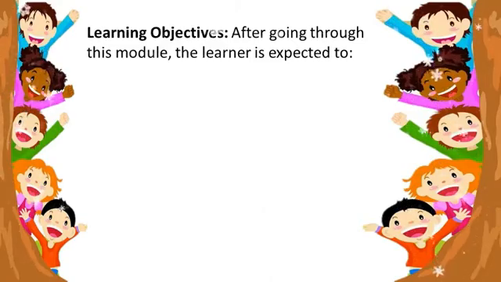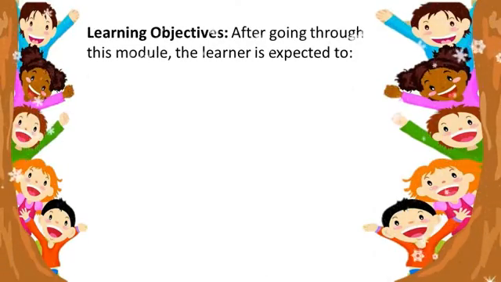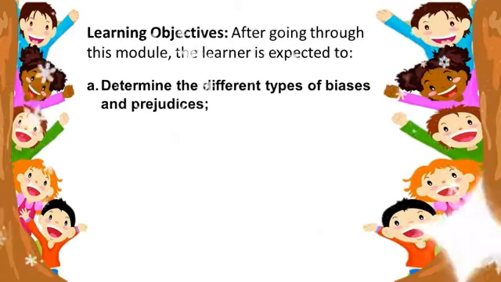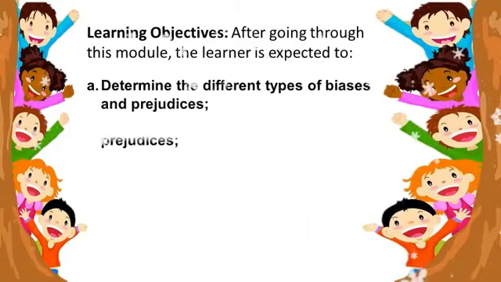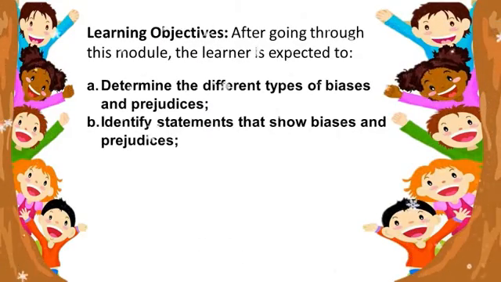Okay? So for the learning objectives for today's lesson, after going through this module, the learner is expected to: A. Determine the different types of biases and prejudices. B. Identify statements that show biases and prejudices.